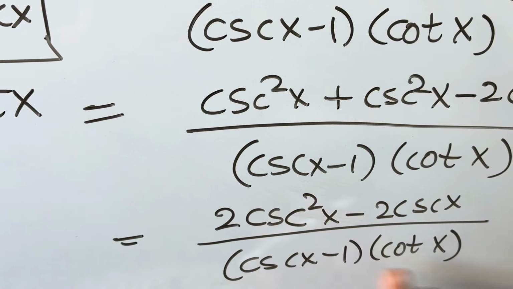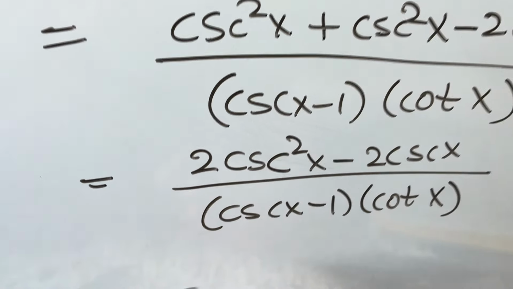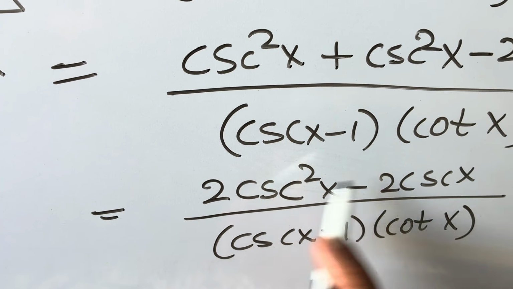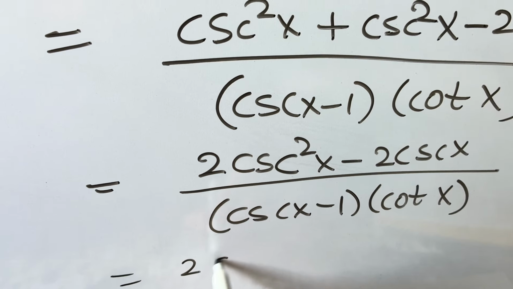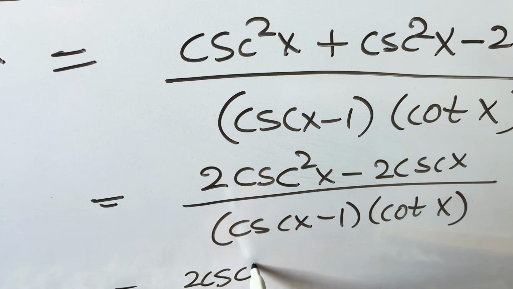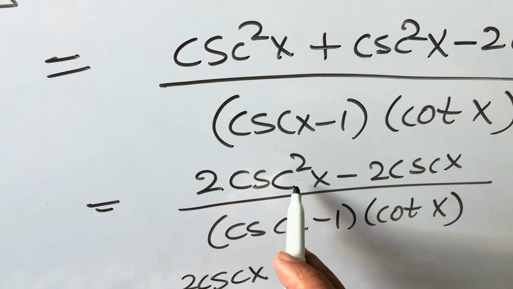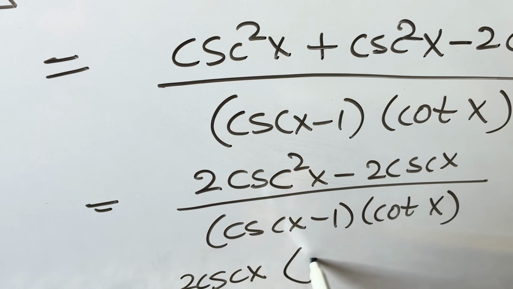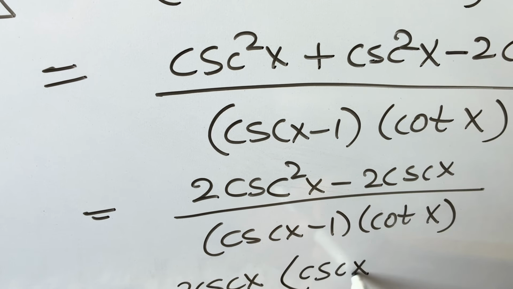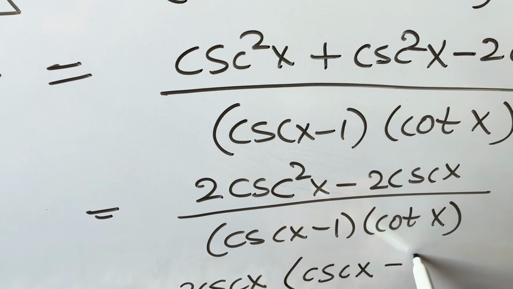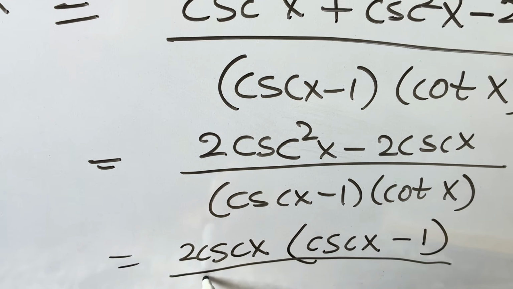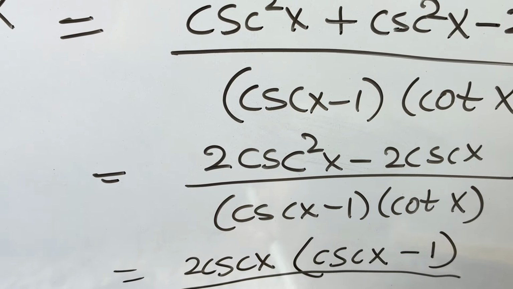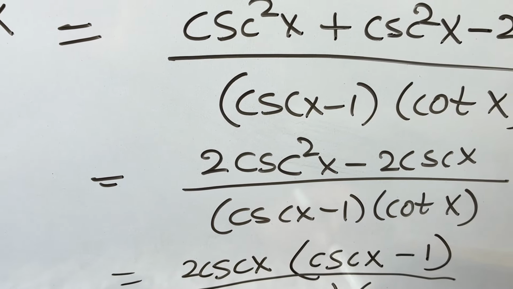And on the top here we can take the common factor, as we have cosecant x and 2 common in both of these. So I'm going to take 2 cosecant x as common. I'll be left over with cosecant x, and minus, and I'll be left over with 1. And I'm going to write down my denominator here, cosecant x minus 1 times cot x.